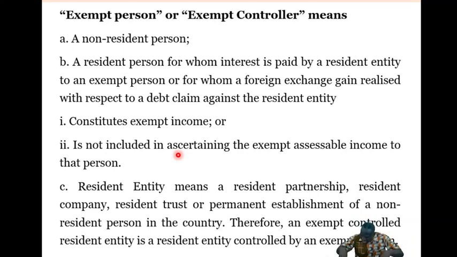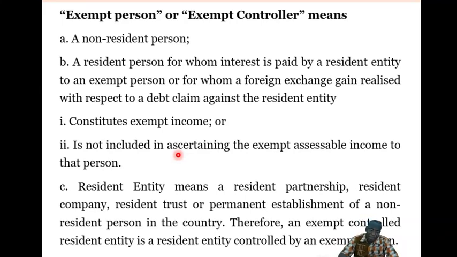It only applies to an exempt person and an exempt controlled resident entity. So if you don't know the meaning, it is difficult to identify them.